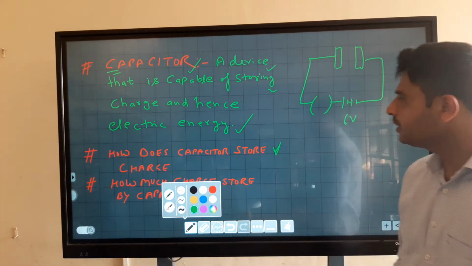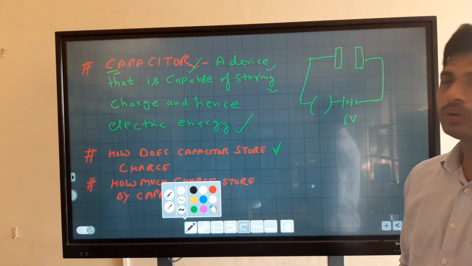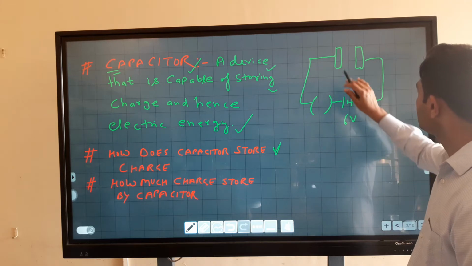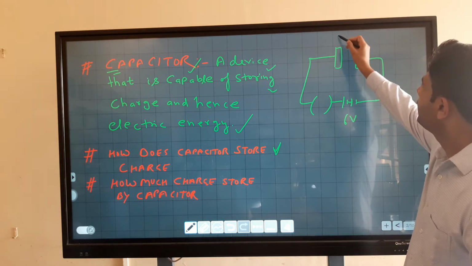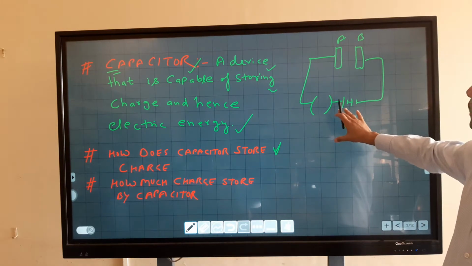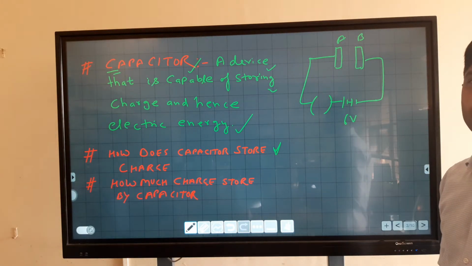Now the question is how a capacitor stores charge. To understand this concept, consider two plates A and B connected by a battery through a key.